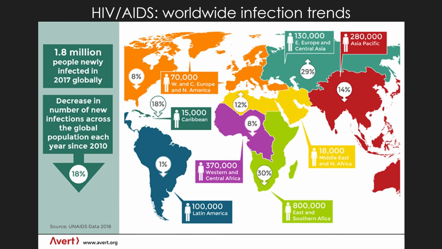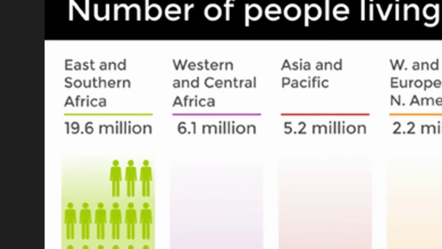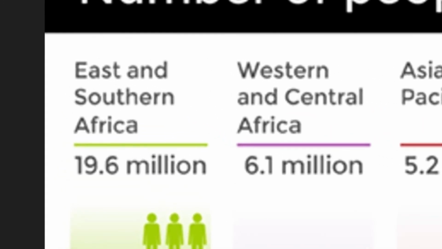Yes, there's been an increase, but if you look at the numbers, those numbers account for very few overall infections. So Eastern and Southern Africa and Western and Central Africa, which would together be grouped as Sub-Saharan Africa, has about 27 million of the 30 or so million HIV infections overall.